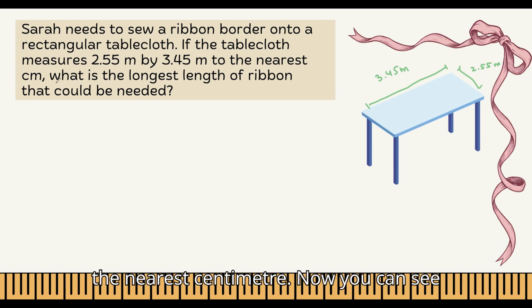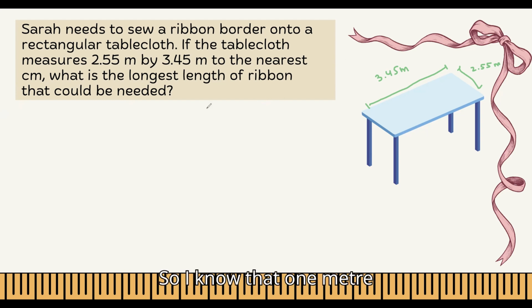To the nearest centimeter. Now you can see that these units over here have changed. The measurements that we have been given are in meters, however, they have been rounded in centimeters. So what we can do is convert them. Actually, we have to convert them, but it's up to you how you want to convert them, from centimeters to meters or meters to centimeters. So I'm going to convert them from meters to centimeters.